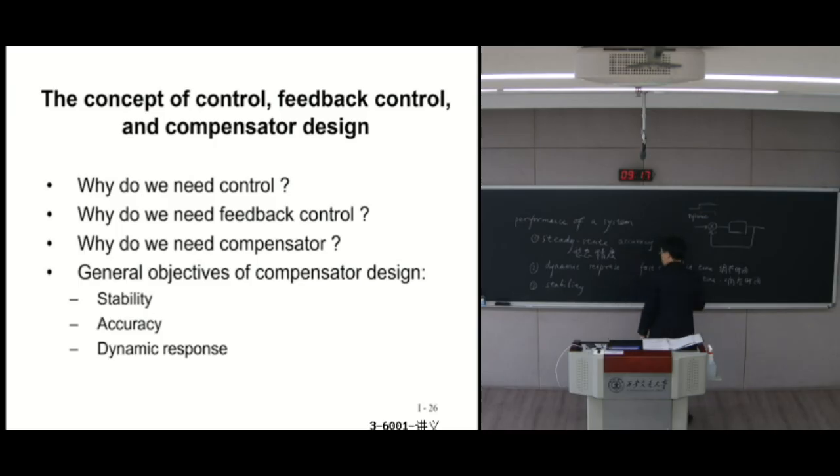Now, one more step. What happens if the closed loop system is unstable? So in control theory, what do we do? Don't forget, we actually have a controller in the system.